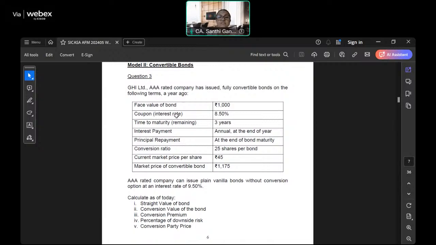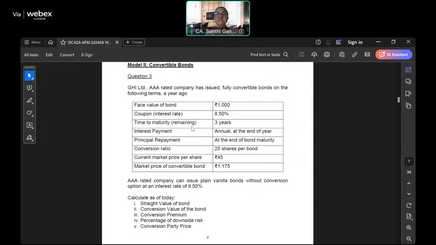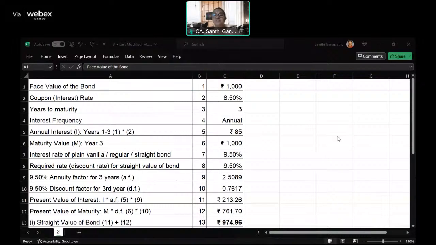So now, first we have to find the value of the straight bond. That is what we have to see. So you have understood the question. Now let's see how we need to solve this.